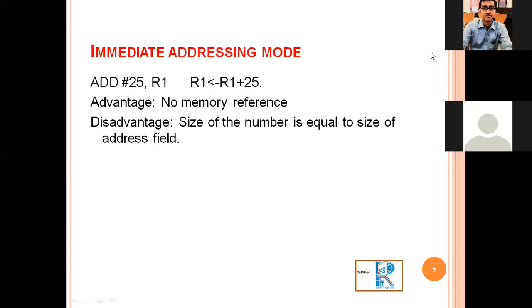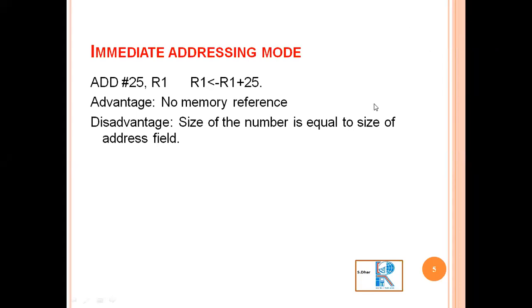This is the data itself. When we give hash, that means this is the data. That means here one address is mentioned because R1 is mentioned here, and another data is mentioned. So this is called the immediate addressing mode.